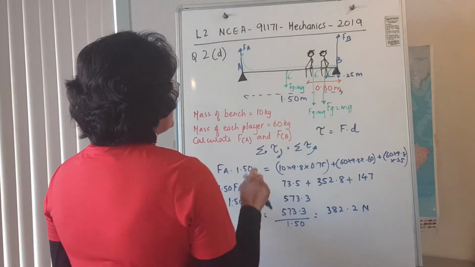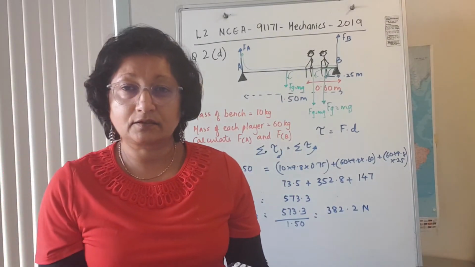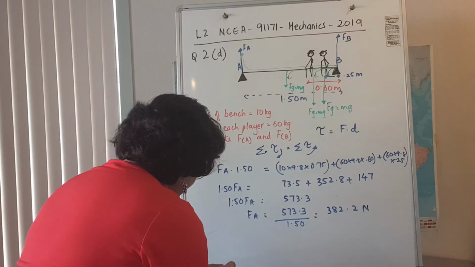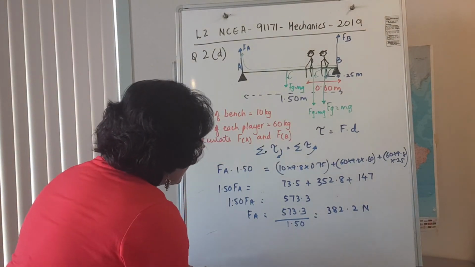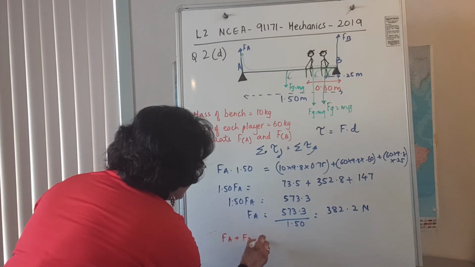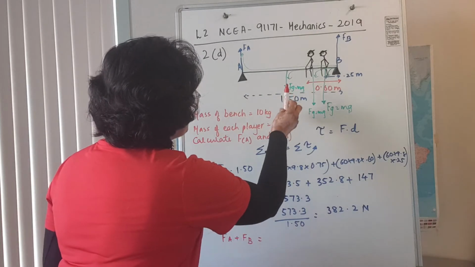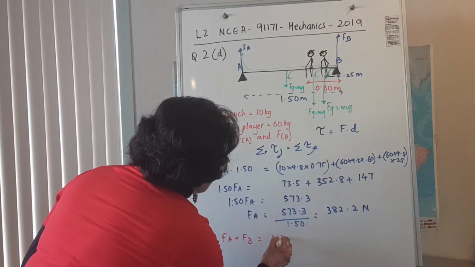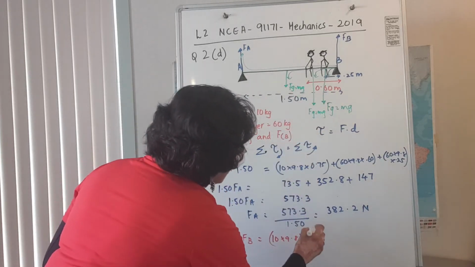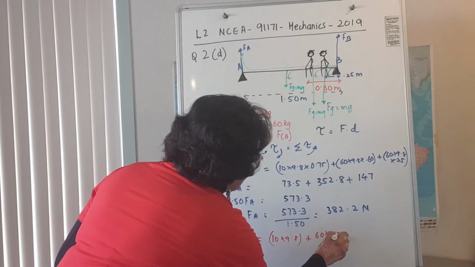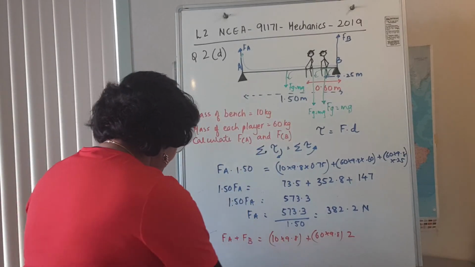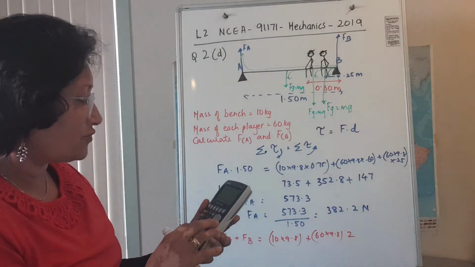Now how are you going to figure out Fb? For this, we say that the total force up equals the total force down. So the total force upwards is Fa plus Fb, which equals the total force down, 10 times 9.8, the mass of this, plus 60 times 9.8 times 2. There are two of them, right? So we don't worry about the distances, just the forces.